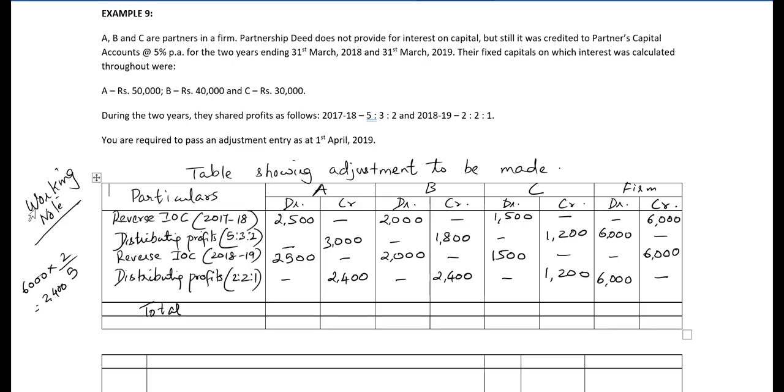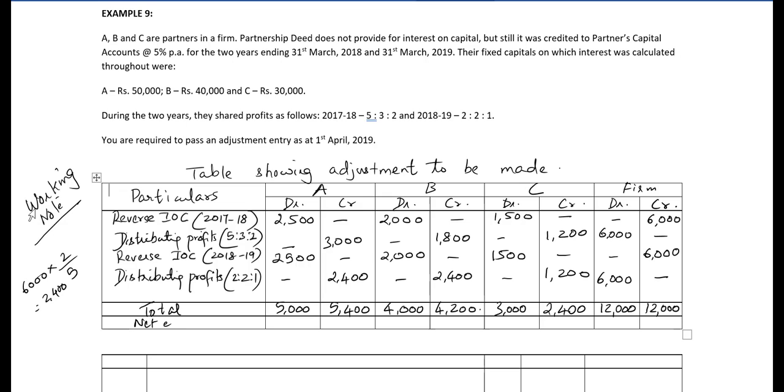Now we need to total up the columns. 5,000 total of debit of A, 5,400 total of credit of A, 4,000 total of debit of B, 4,200 total of credit of B, 3,000 total of debit of C, and 2,400 total of credit of C. 12,000 is the total of debit of the firm, and 12,000 is again the total of credit of the firm.